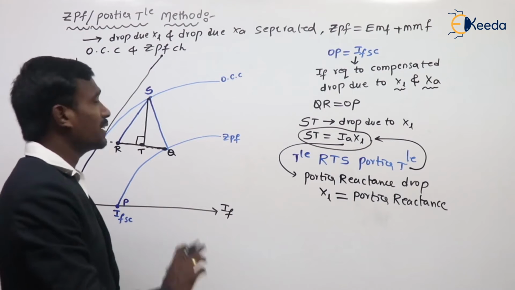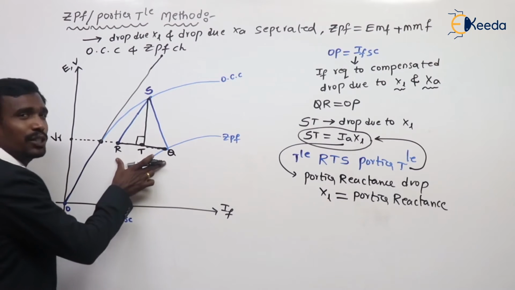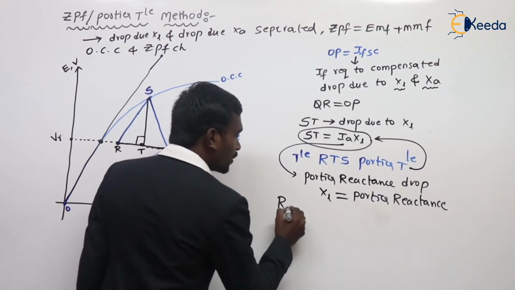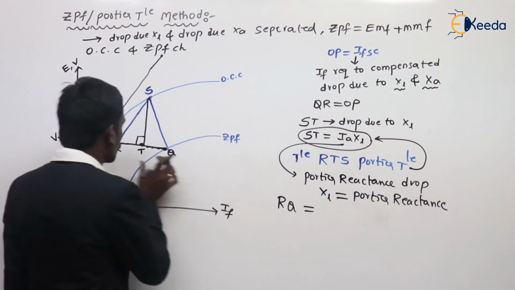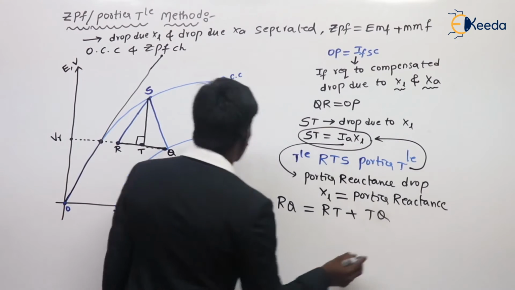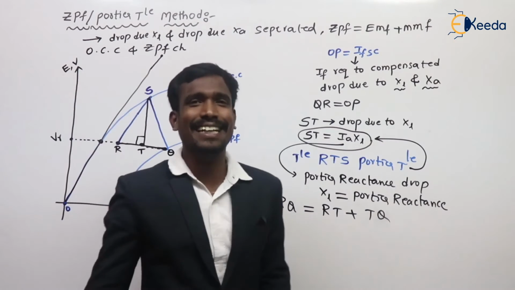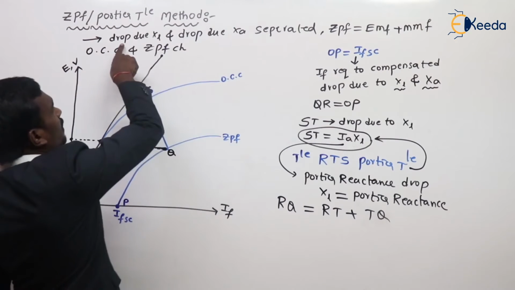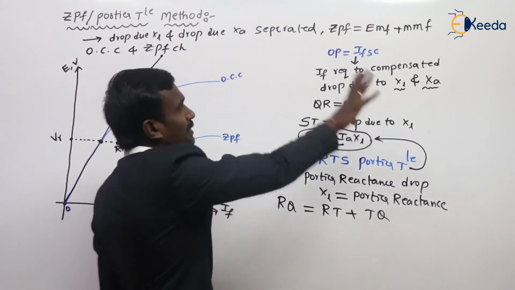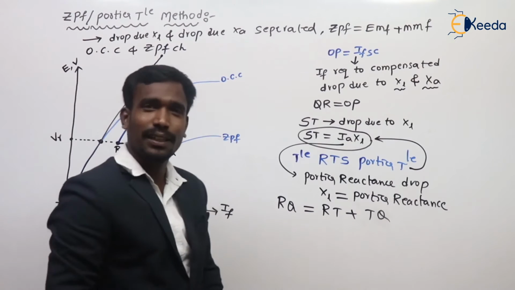Observe the diagram: OP is equal to RQ. This RQ is equal to RT plus TQ. Nothing but OP is divided and separated. As I said already, the drop due to XL and XA are separated because the total field current is separated.